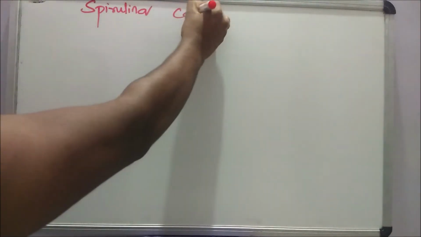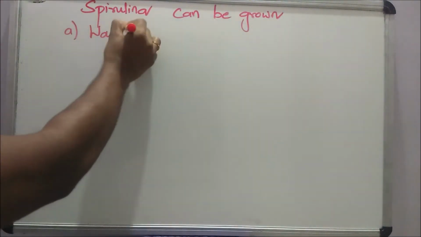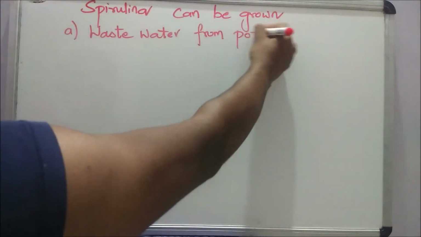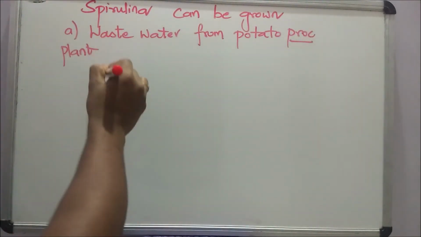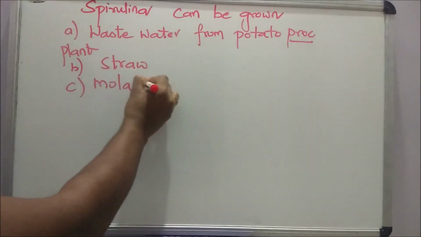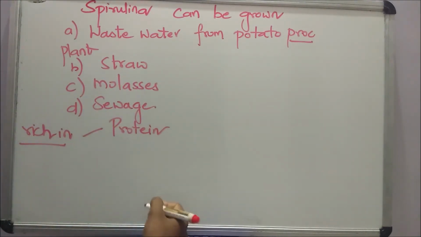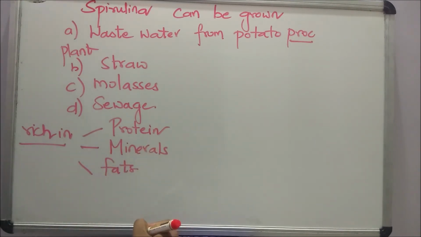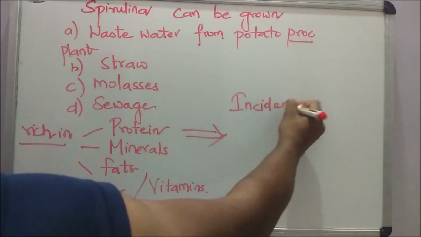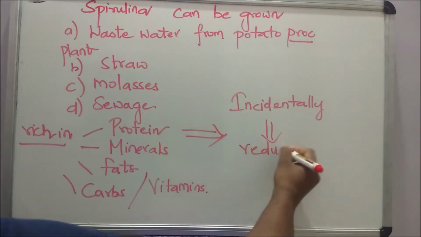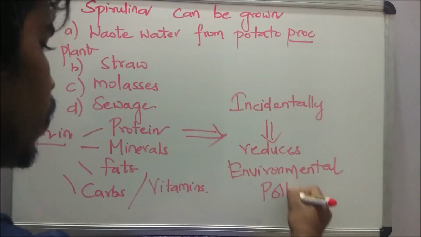It can be grown on economic substrates like the wastewater from potato processing plants, straw, molasses, or even sewage to produce large quantities and can serve as food rich in proteins, minerals, fats, carbohydrates, and vitamins. Incidentally, such utilization also reduces environmental pollution.